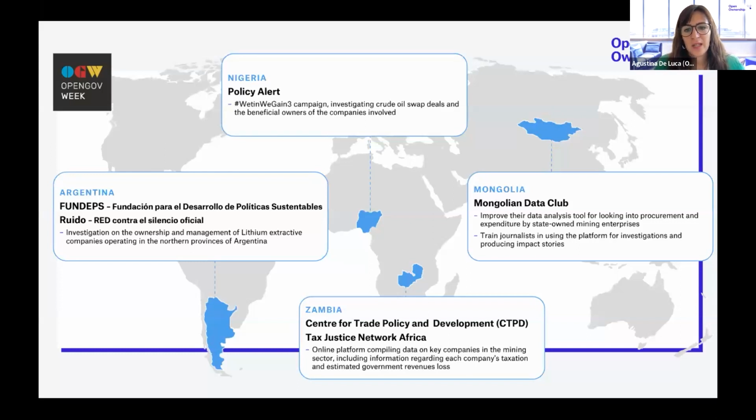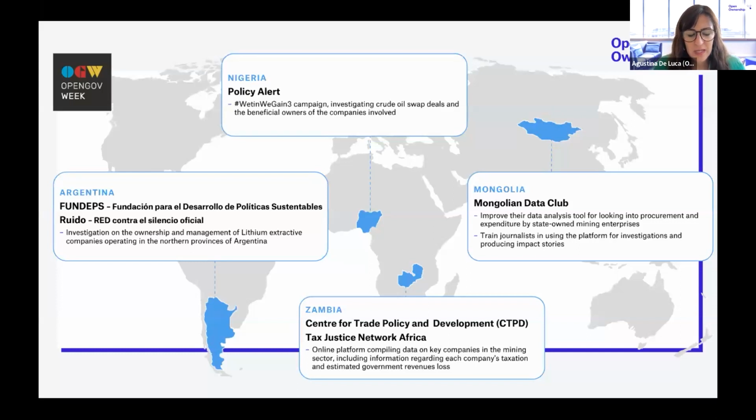In Mongolia, the Mongolian Data Club improved their data analysis tool and looked into the procurement and expenditures of state-owned enterprises and trained journalists to produce visualizations and articles using their platform. And in Zambia, the Center for Trade Policy and Development, together with Tax Justice Africa, developed an online platform compiling data of key mining companies, including not only information about beneficial ownership, but also estimated government revenues lost, together as well with some communications and advocacy work.